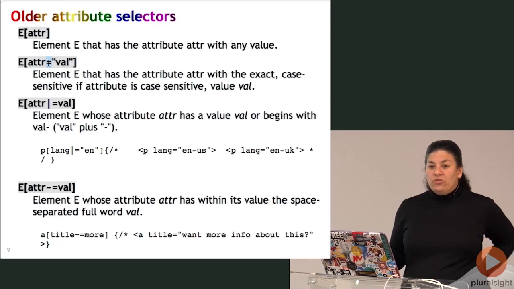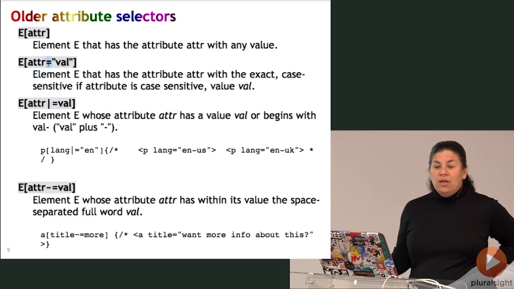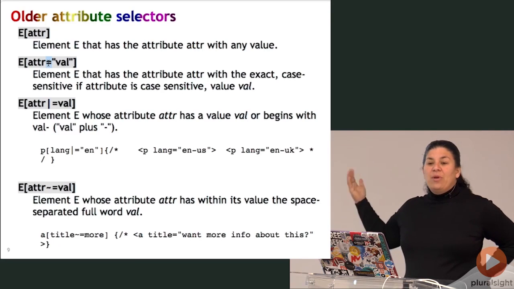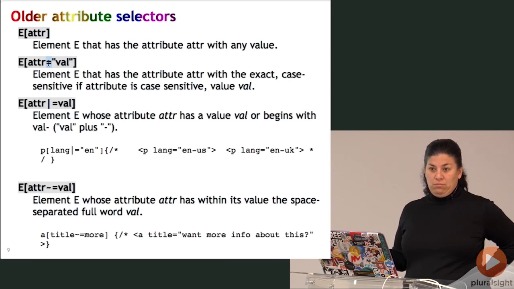Now, exactly equal to, is that case sensitive? It depends. If it's type equals checkbox, that's HTML. Therefore, it's not case sensitive. In the HTML, it will not be case sensitive as a selector. If it is class equals, class is case sensitive, so then it would have to be.